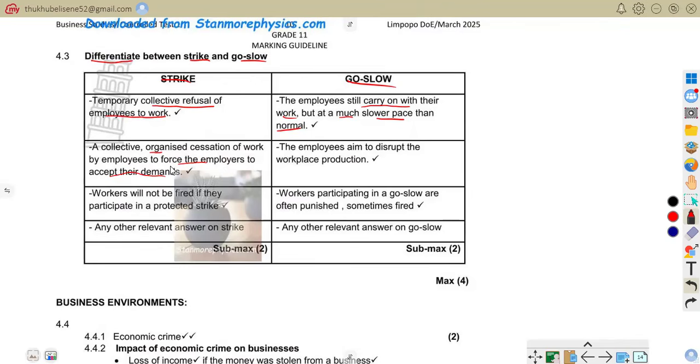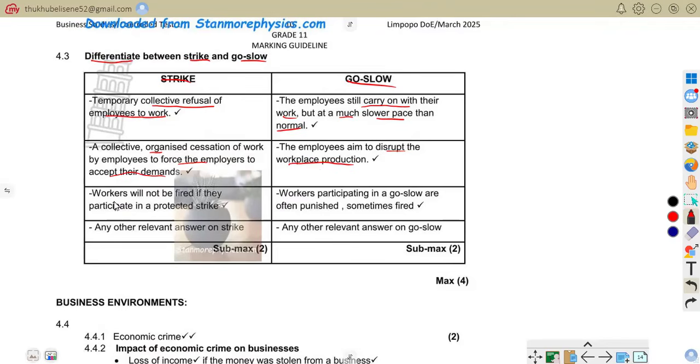That is when we are talking about a strike. But in a go slow, the employees aim to disrupt the workplace production. They continue work, but they want to disrupt production so that output is not much. They are trying by all means to reduce it, to affect it.